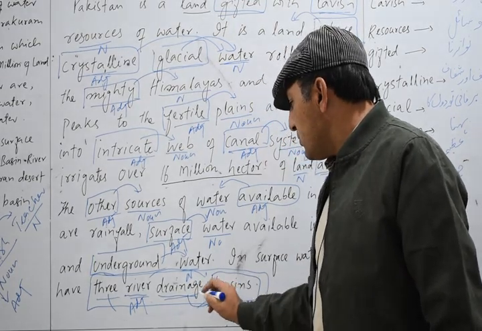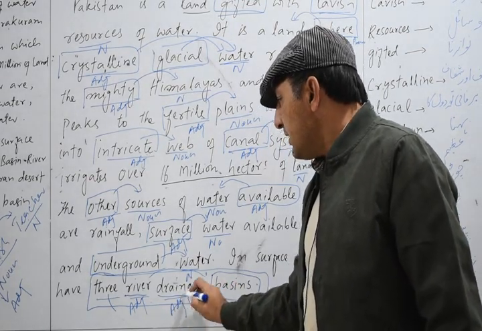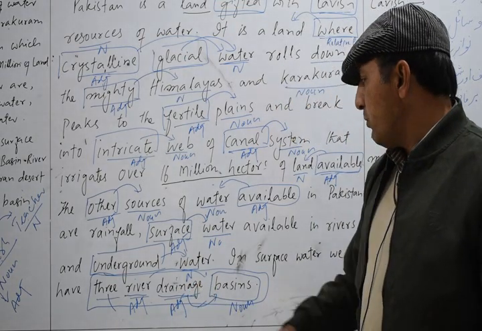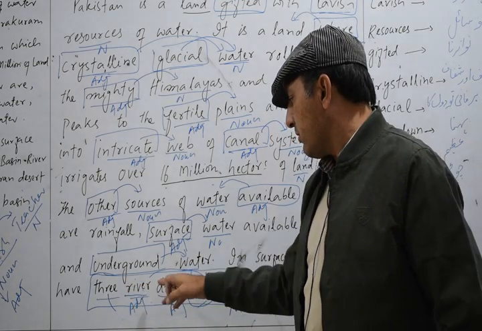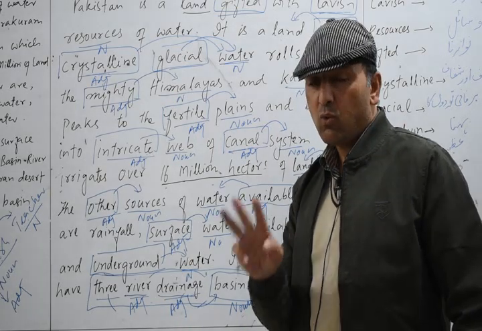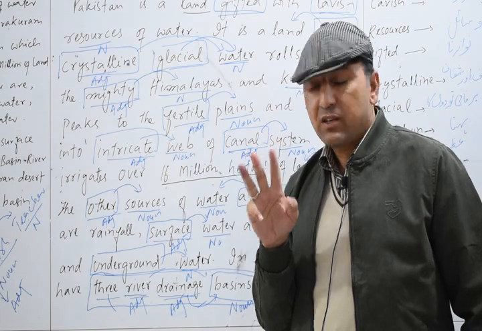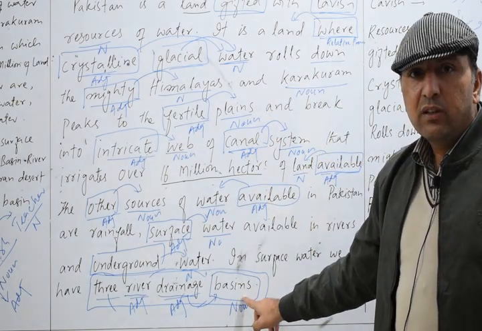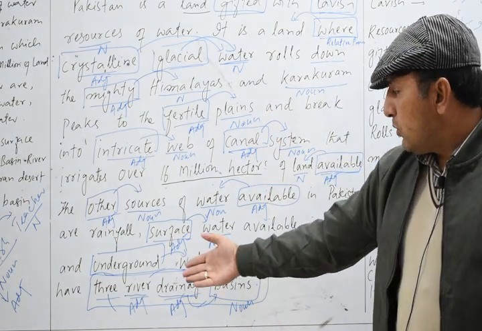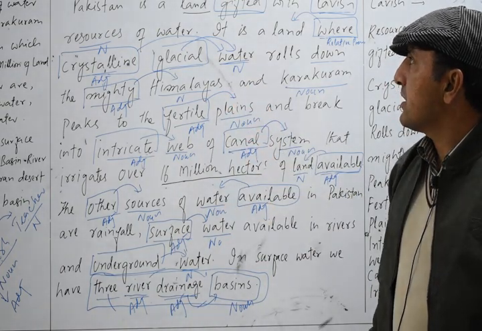So basin is a noun, and drainage is also working as an adjective. So we have 3 modifiers in 3 river drainage basins, and these 3 modifiers modify one noun, that is basin. So these are the adjectives that we have discussed.